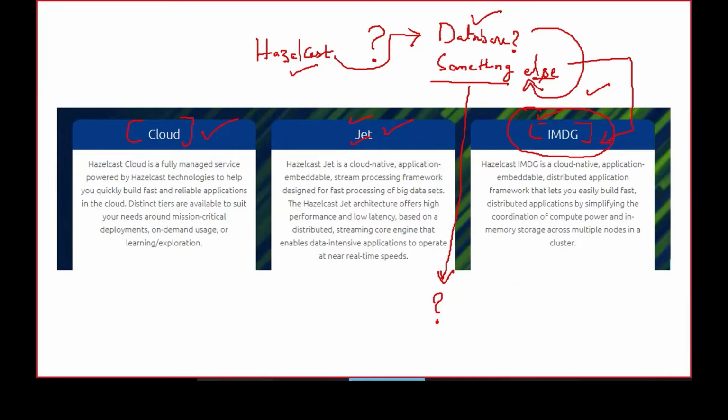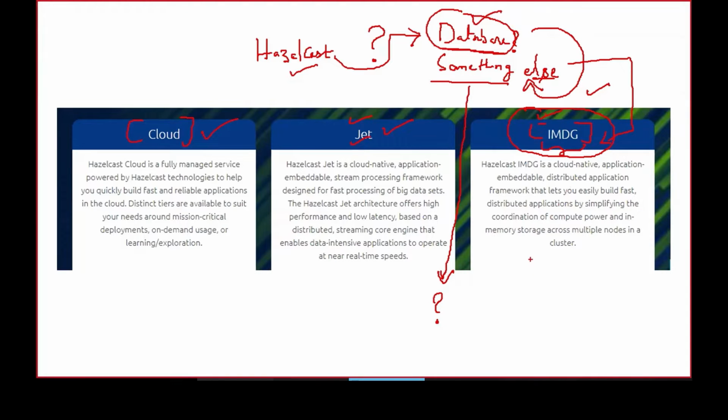And the question which I put forward here is what exactly Hazelcast is. All the products usually address only the same thing, so is their core area only around database, or is it something else? Even this product, IMDG, is not addressing the database solution alone. It is also addressing something else.